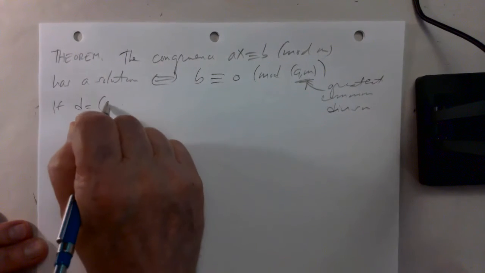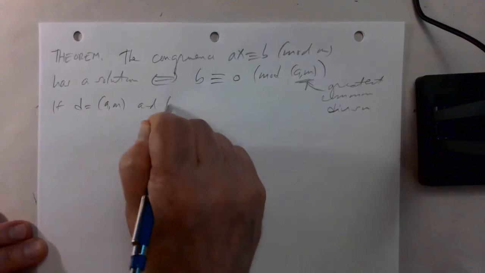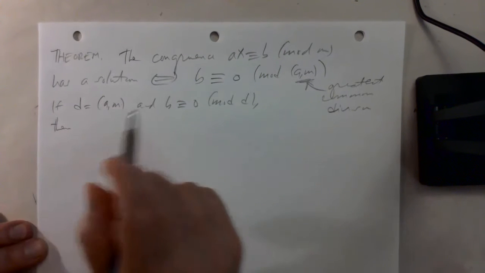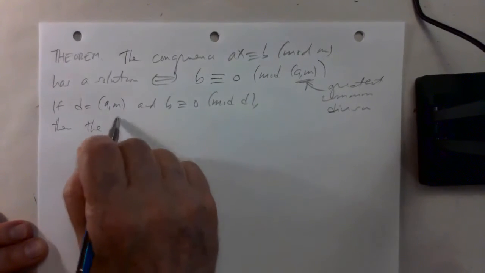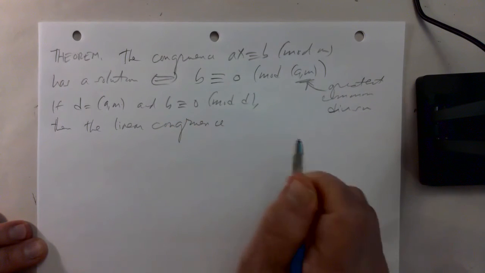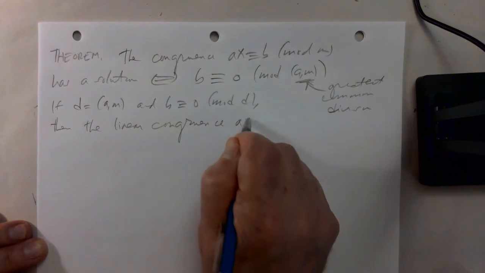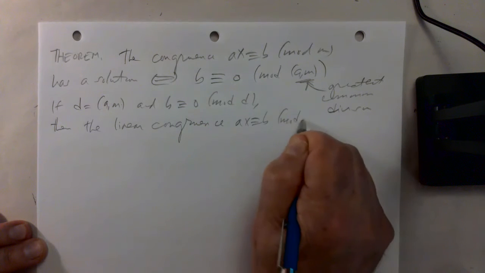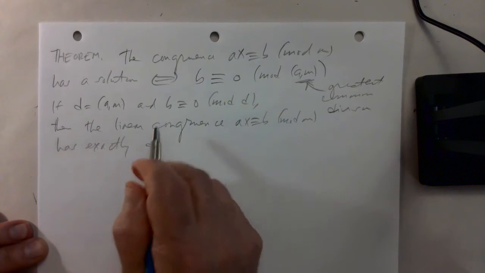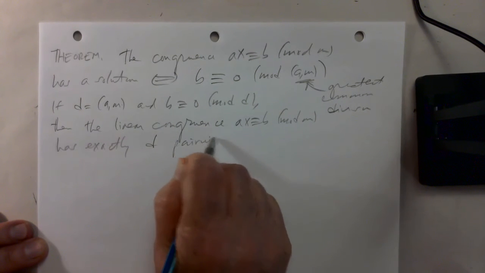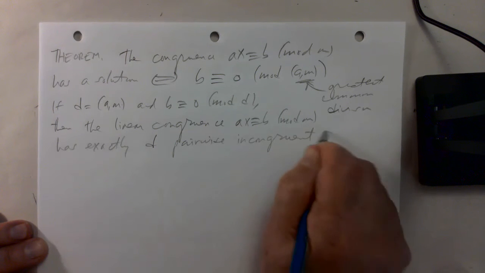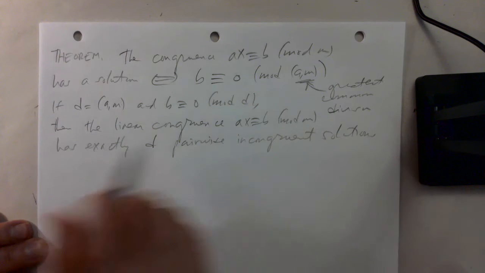If d is equal to the greatest common divisor of a and m, and b is in fact congruent to 0 mod d, then the linear congruence ax congruent to b mod m has exactly d pairwise incongruent, that means not congruent, solutions.